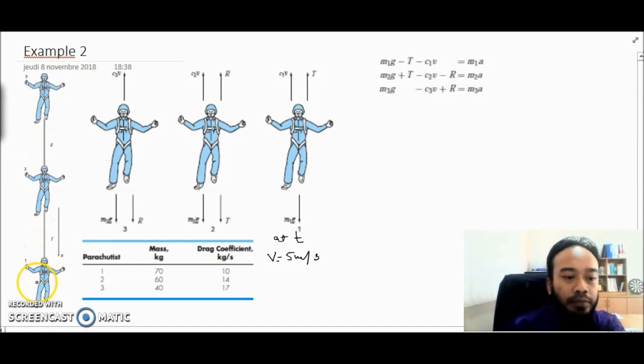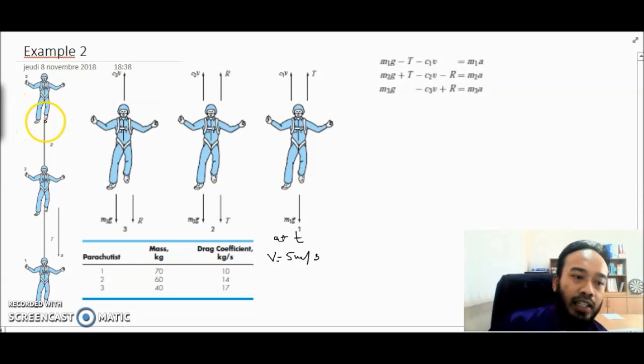I will call the bottom parachutist parachutist 1, and on top of him is parachutist number 2, and on top of parachutist 2 is parachutist number 3. And in between the parachutists, they are connected by ropes, right?